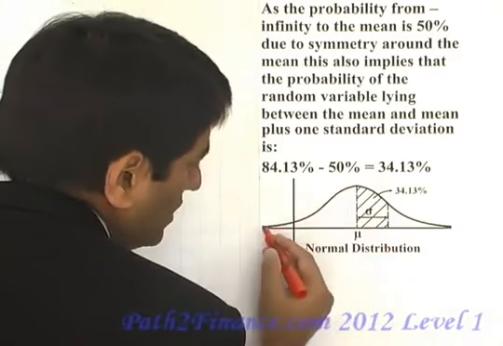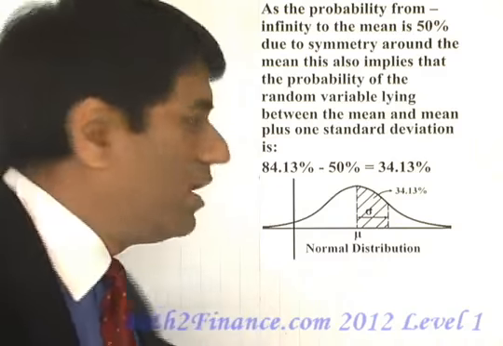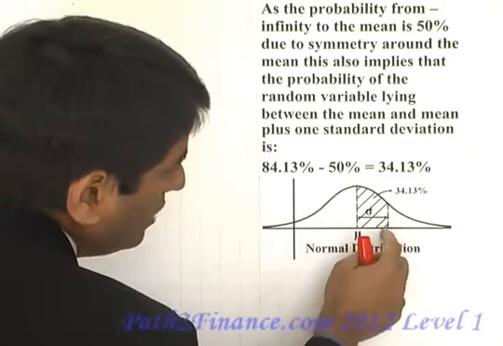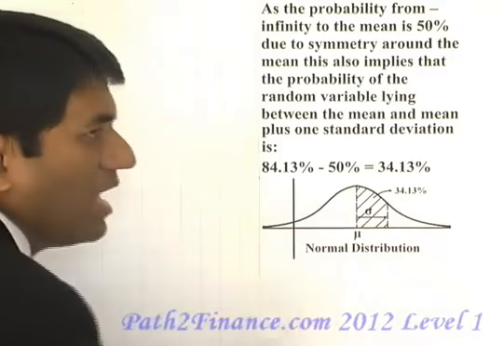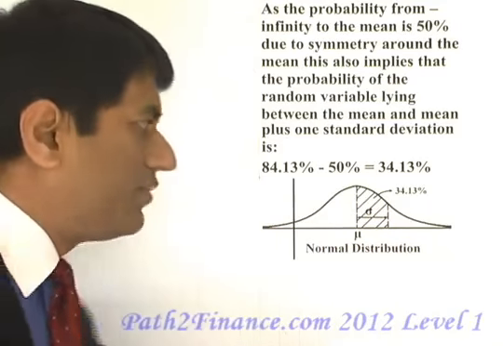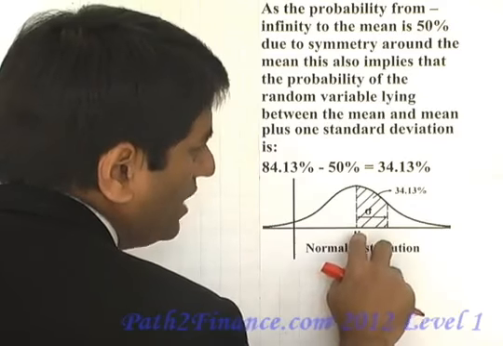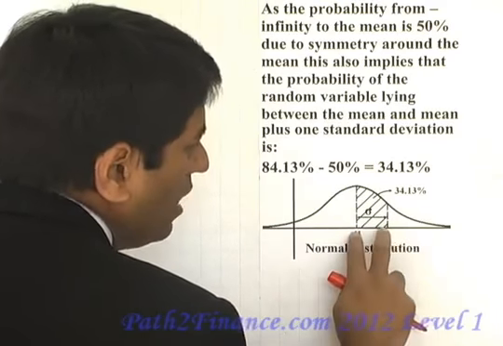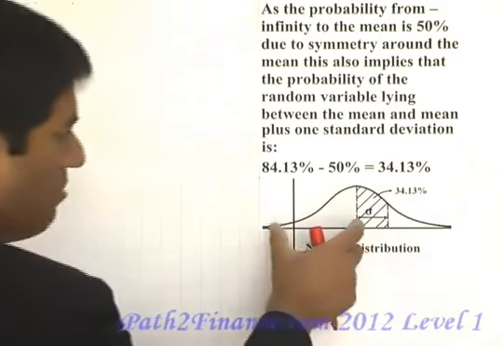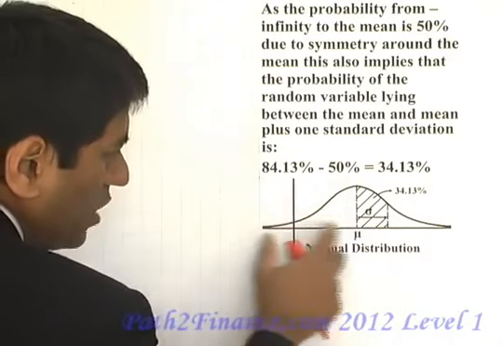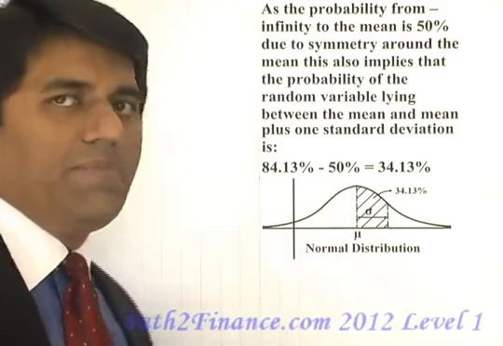Therefore, this probability is half. From minus infinity to the point where the standard deviation is 1, that is 84.13%, so what is this area from z equal to 0 to z equal to 1? This area would be 84.13% minus the probability of the variable falling in the range below the mean, which is 50%.